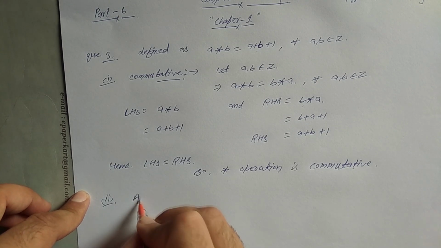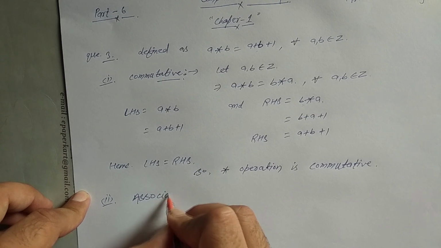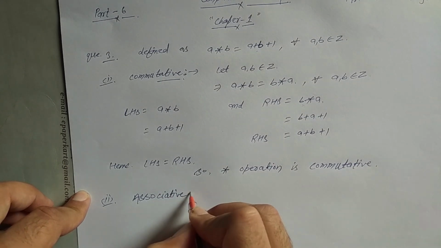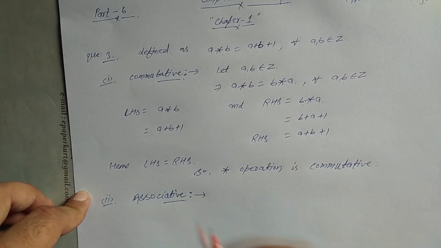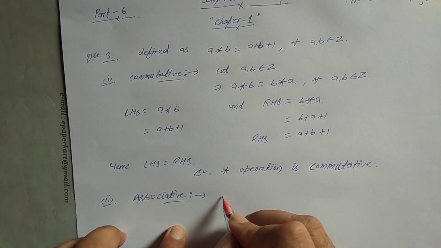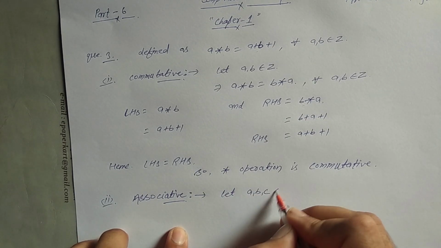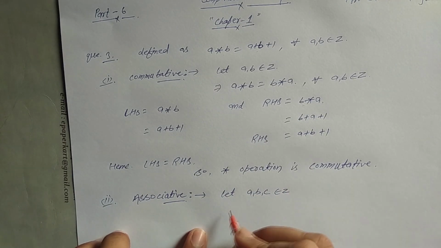Second, associative. Associative: let elements A, B, C belong to Z, integers.